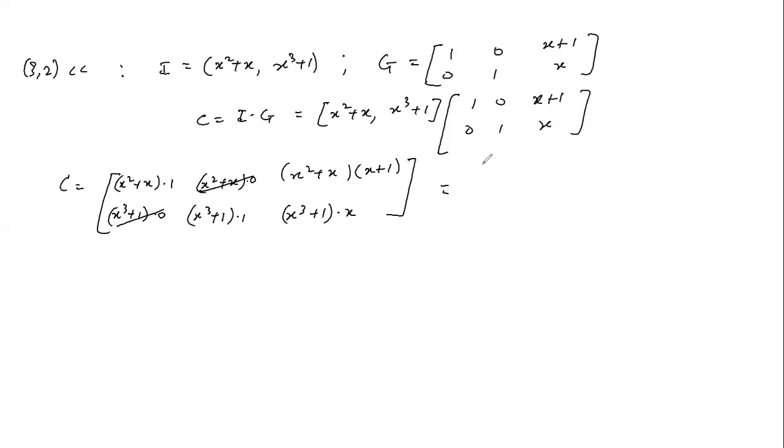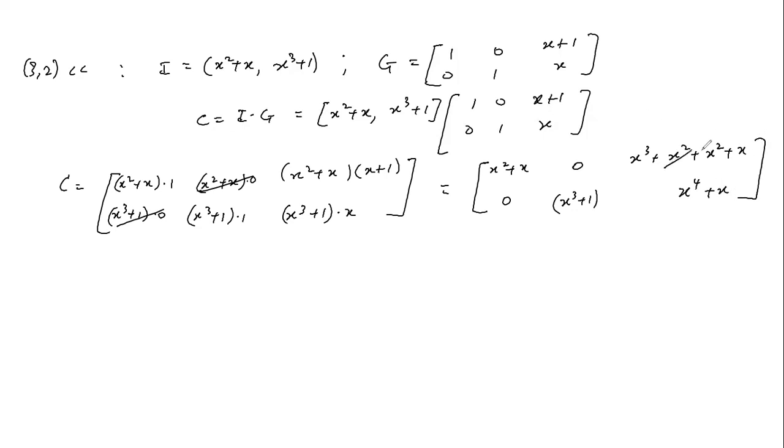Then we have x squared plus x, 0, and 0, x cubed plus 1. Then here we have x cubed plus x squared plus x squared plus x. Then here we have x to the power 4 plus x.